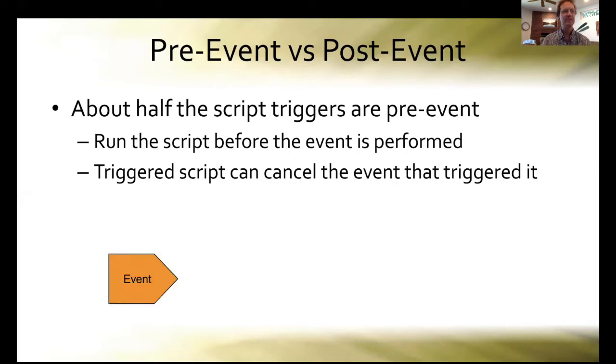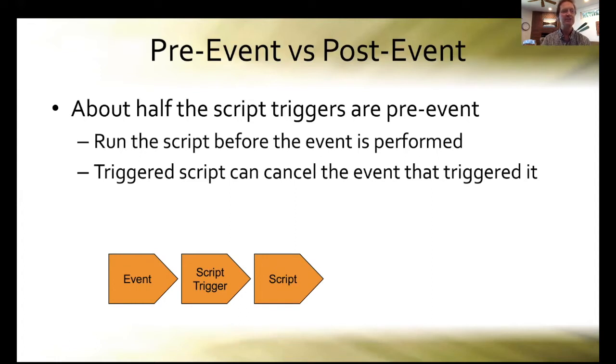An event takes place. Let's say the user closes a database window. Now, if we've activated the appropriate script trigger, then it runs some script that we've written. Perhaps that script compares the data the user has entered with data in another record or table.